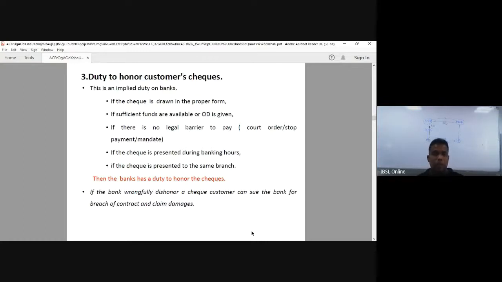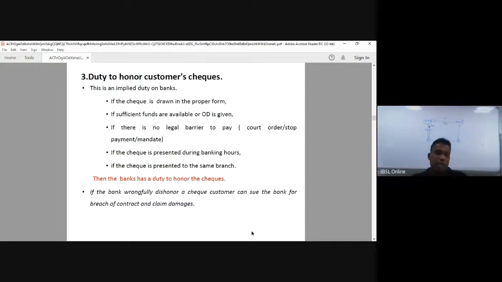Now we say all four conditions are fulfilled. The check is presented during the banking hours. Next, the bank has to see whether the check is presented to the same branch where the current account is maintained. The fifth one is whether the check is presented to the same branch.